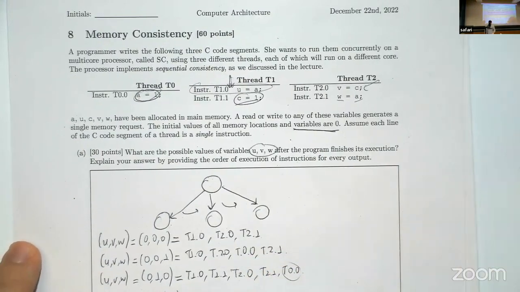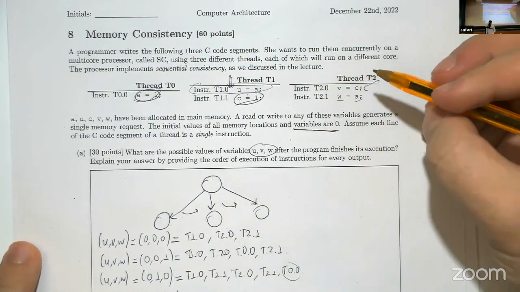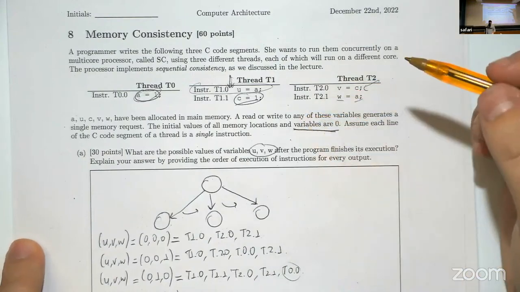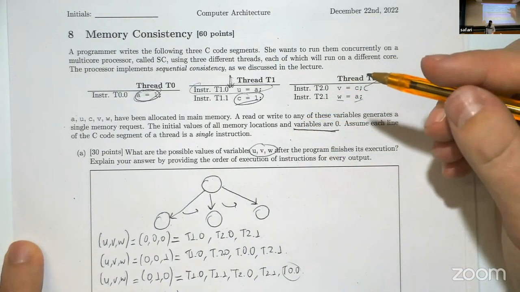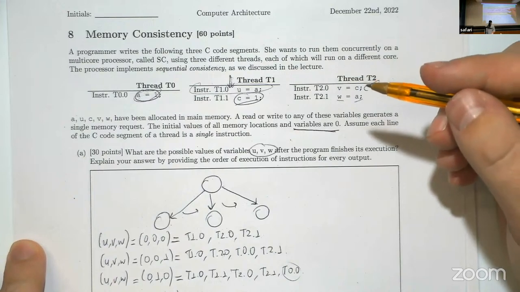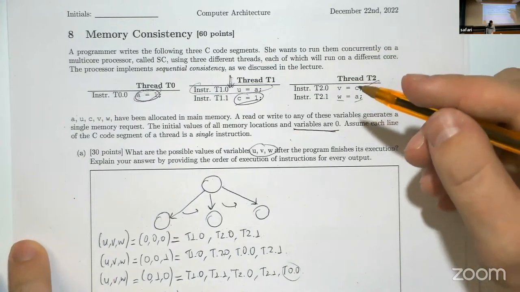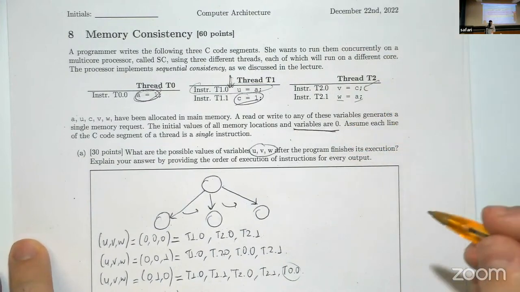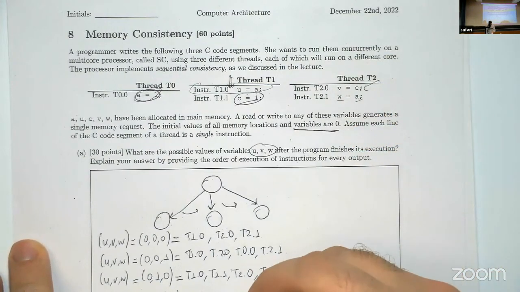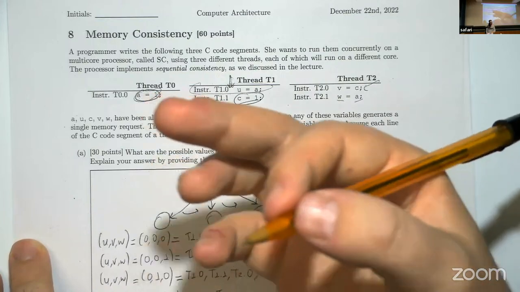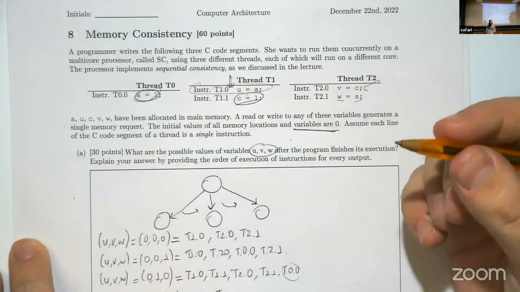So we set with T1,0, we set U to 0. And then we need to set V to 1. T1,0 and T1,1. Correct. T1,0 again.